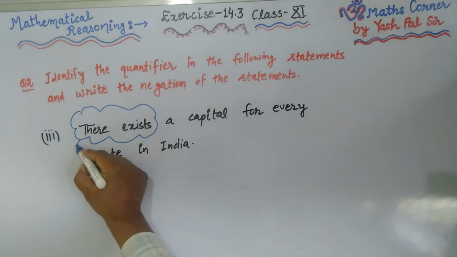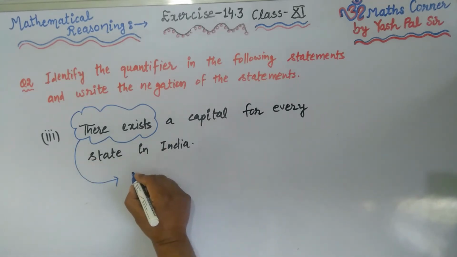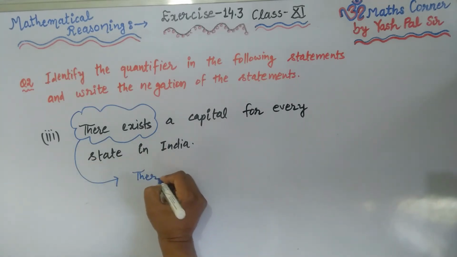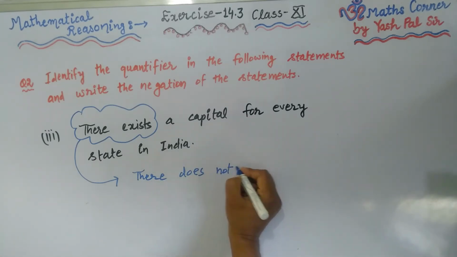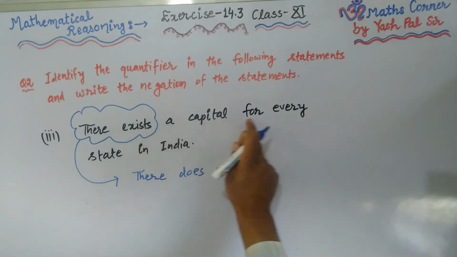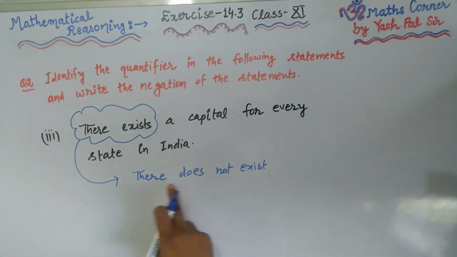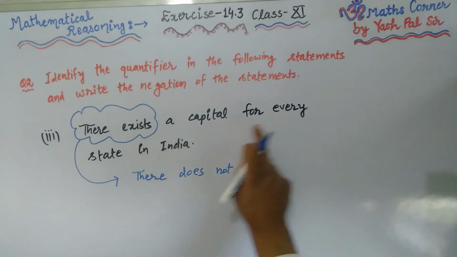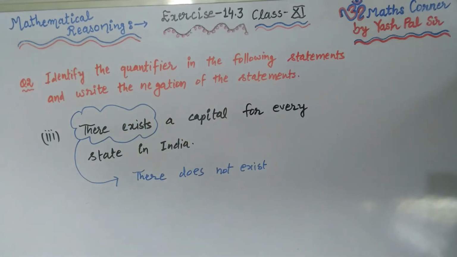Here we just replace this quantifier, there exists, with there does not exist. The rest we write the same: a capital for every state in India. There does not exist a capital for every state in India is the negation of the statement. So this was question number 2.